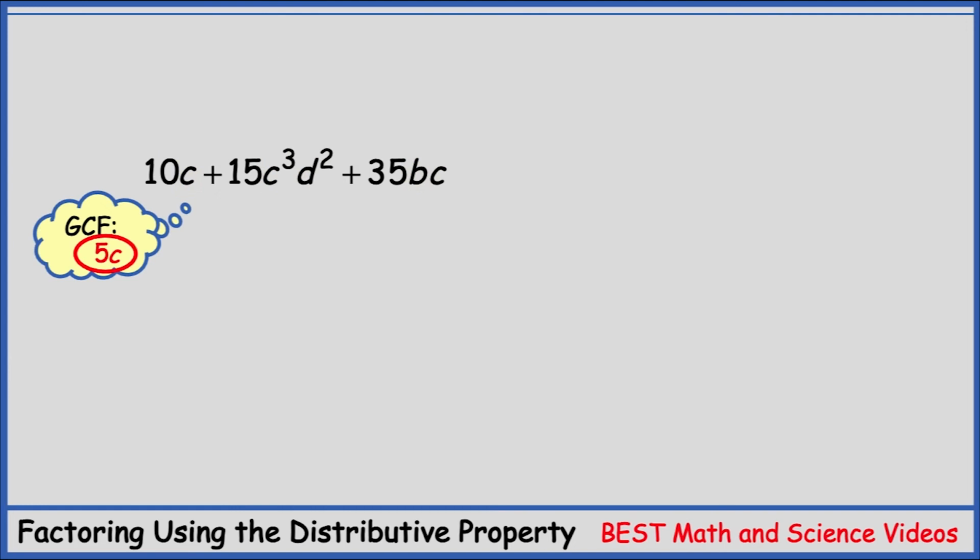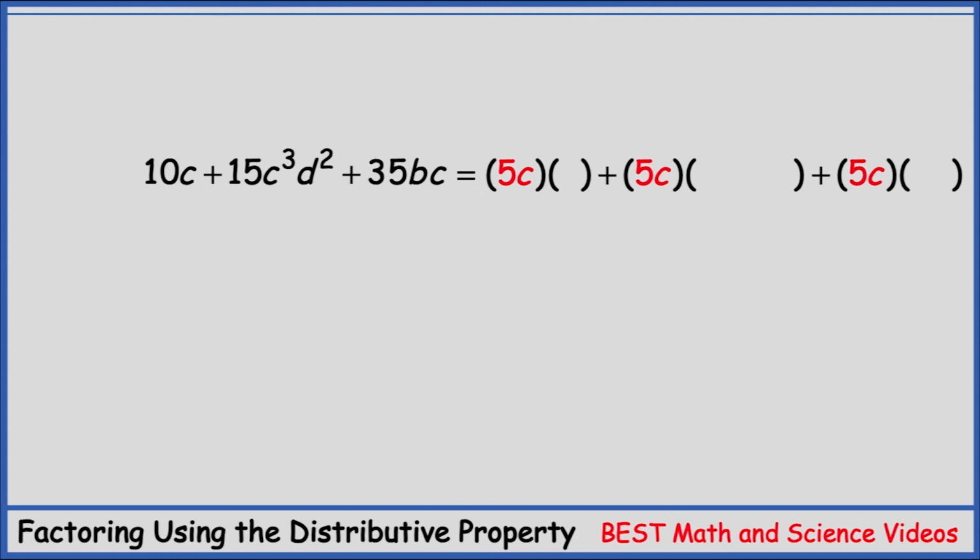Now you need to rewrite each term using the greatest common factor. 10c can be written as 5c times what? 2. And the middle term can be written as 5c times what? 3c squared d squared. And the last term can be rewritten as 5c times what? 7b.